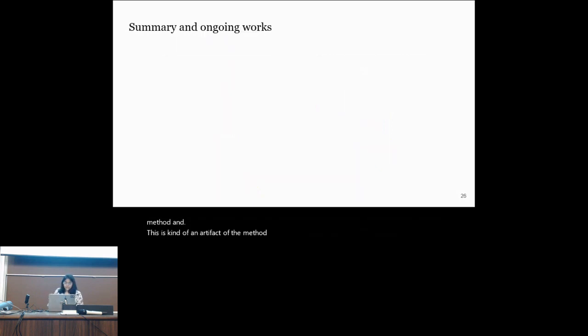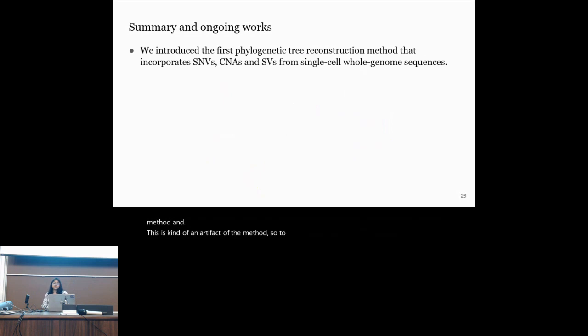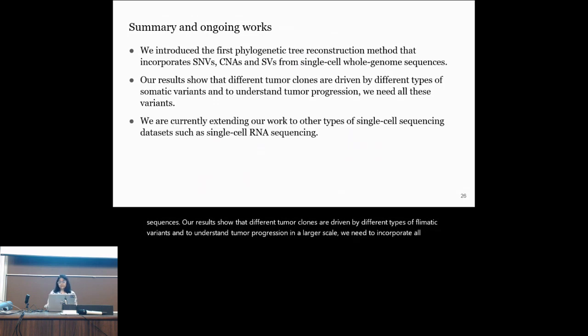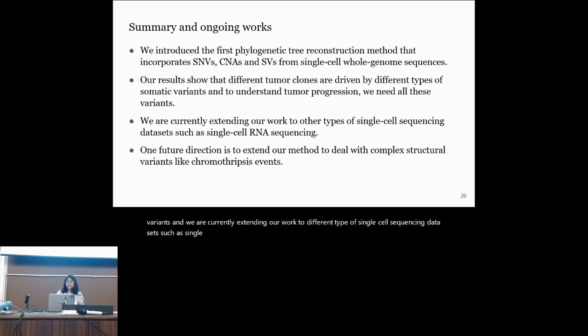So to summarize, we introduced the first phylogenetic tree reconstruction method that incorporates SNVs, CNAs, and SVs from single cell whole genome sequences. Our results show that different tumor clones are driven by different types of somatic variants, and to understand tumor progression on a larger scale, we need to incorporate all the variants. And we are currently extending our work to different types of single cell sequencing datasets, such as single cell RNA sequences.